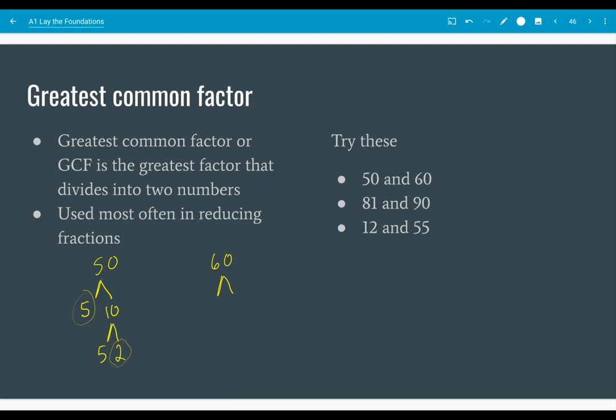Instead of doing the 5, what if we did 6 and 10? Right, so the greatest common factor is going to be 10. So try these other two and see what you can come up with. Go ahead, pause the video here, and when you're ready to move on, press play.